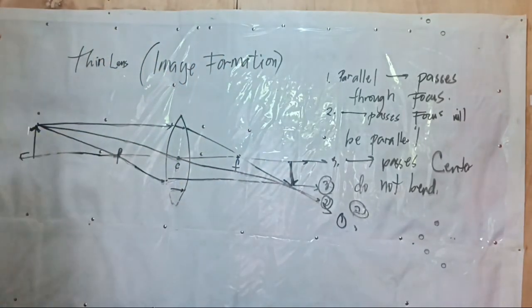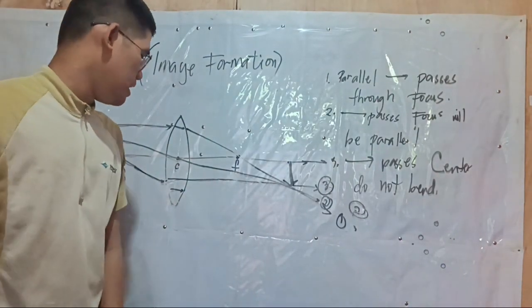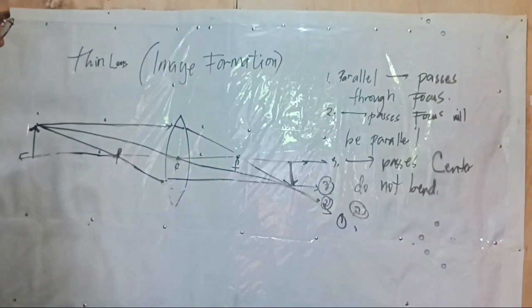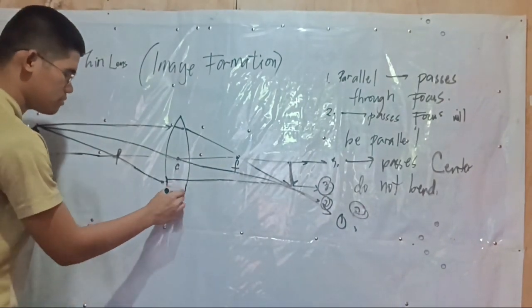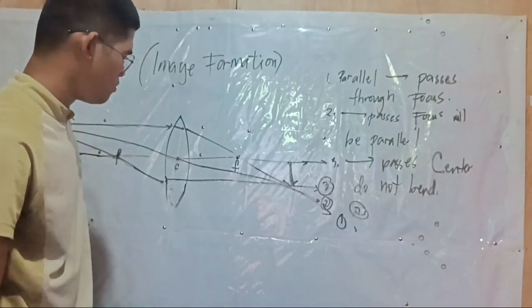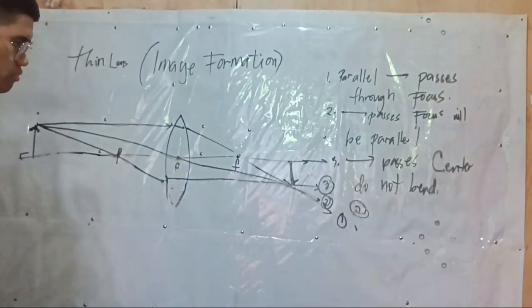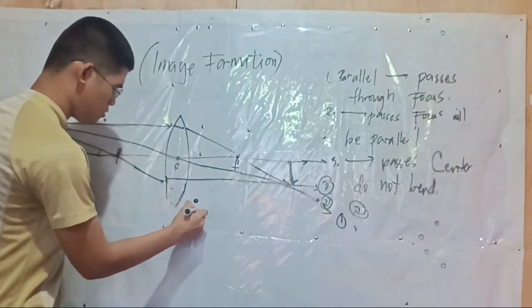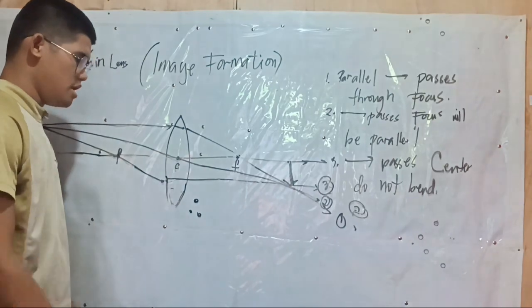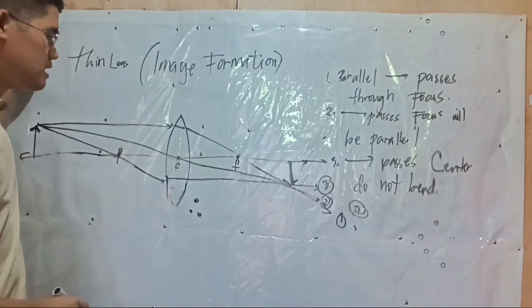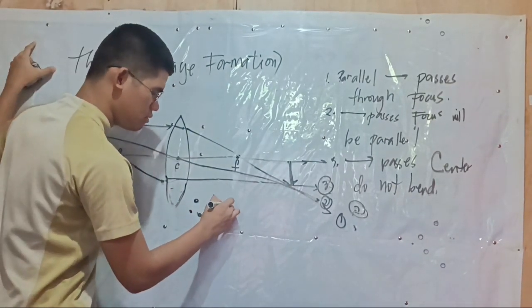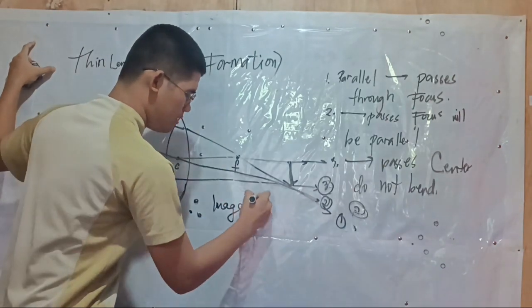That is how image formation works in our thin lens. To conclude, the image formed in a thin lens is real.